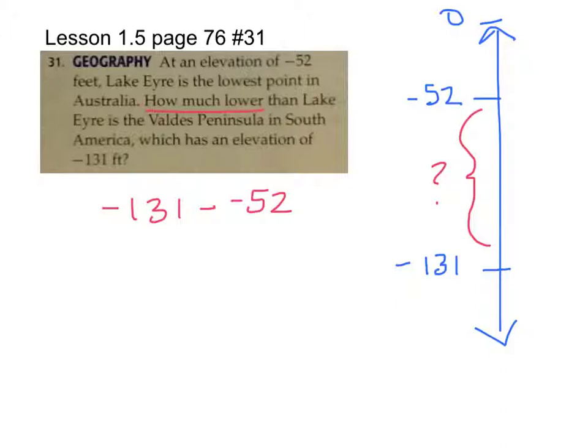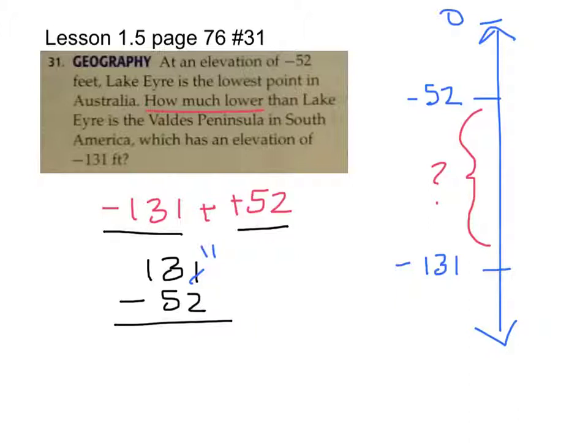So when we do it this way, we're going to change this to plus a positive because with subtraction, we always change this to add the opposite, and the opposite of negative 52 was positive 52. When we do this, again, we have a negative number and a positive number. So we're going to write 131 minus 52. I want to find the difference between those two. Here again, we can't take 1 minus 2, so we make that 11. 11 minus 2 gives us 9. Here we have 12 minus 5, which is 7.